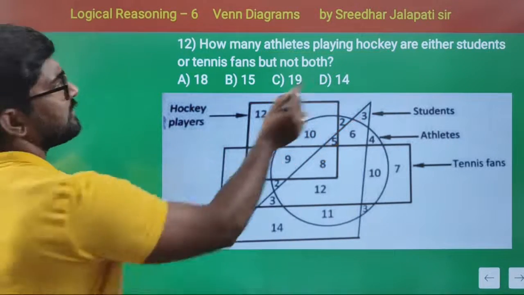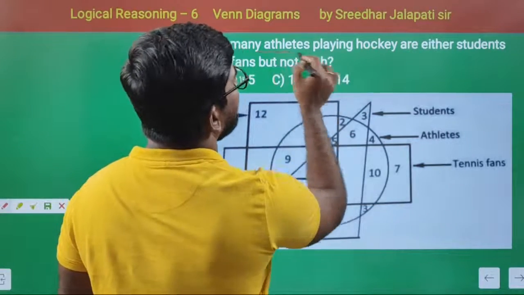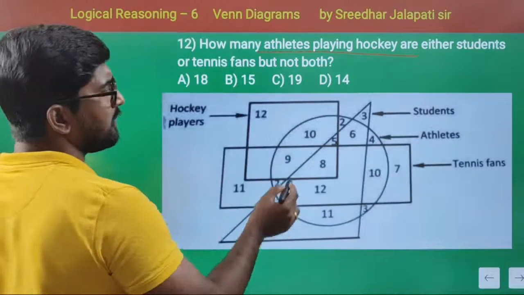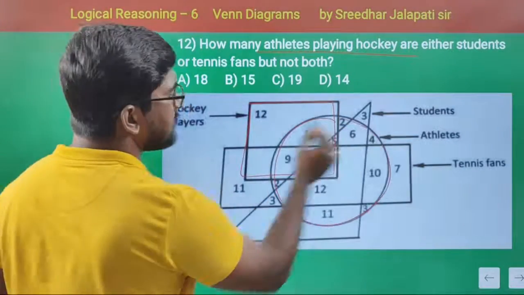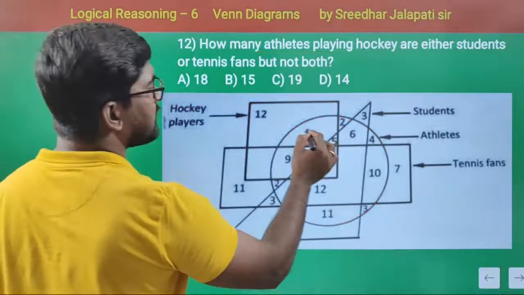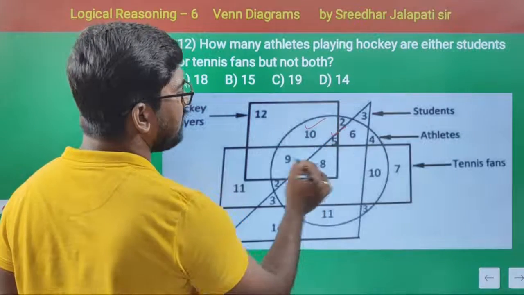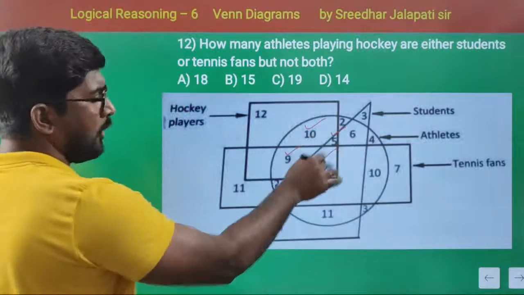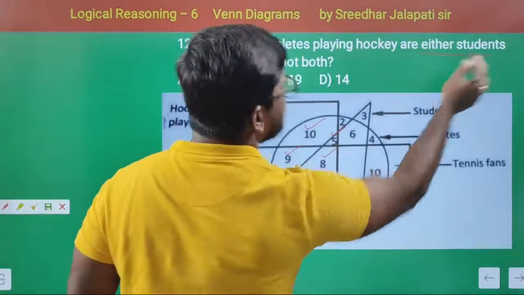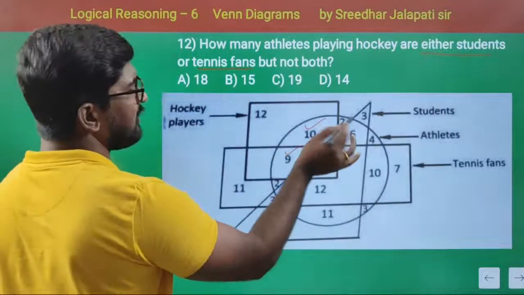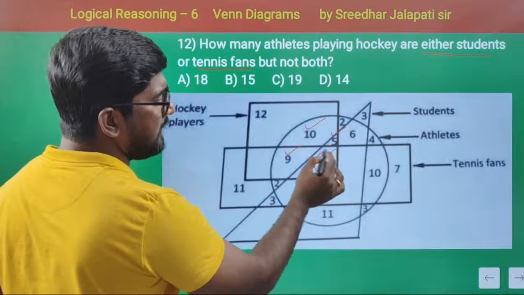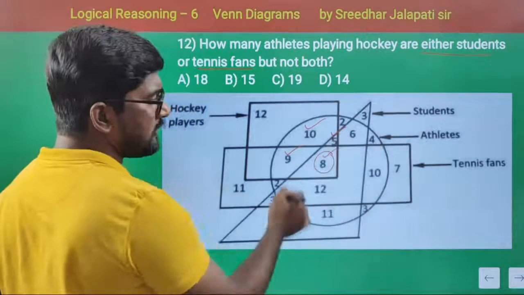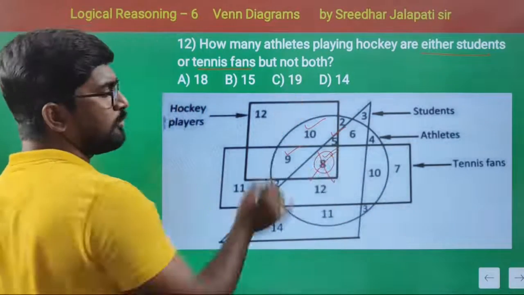I repeat. First of all, we want athletes playing hockey. Hockey is square, athletes is circle. So the intersection of square and circle is 10, 5, 9, 8. Out of these 4 numbers, how many are either students or tennis fans, but not both? So here 8 is in both. 8 is in the tennis fans region, also in the students region, so I have to ignore it because we don't want both, right?